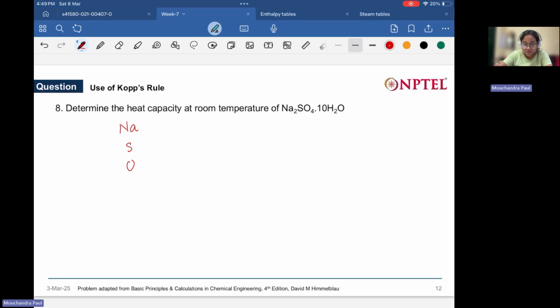So let's add it now. 238 plus 26 plus 52. So it will be 508 joule per gram atom per degree Celsius. As easy as that.